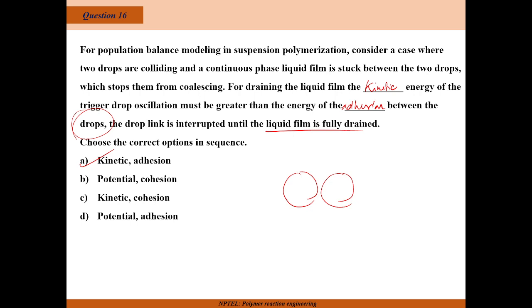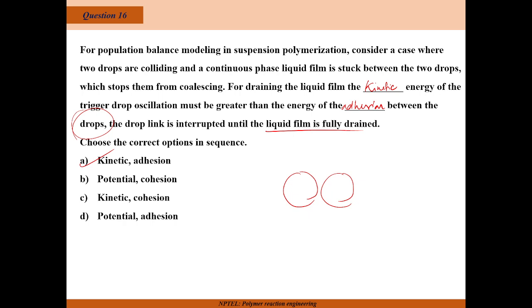So in the case where we are dealing with the multiple drop breakage process, we saw that it will form some kind of film between these two drops. For that film to drain out, the drop should oscillate with a particular energy. What kind of energy is it, kinetic energy or potential energy? That was the first question.